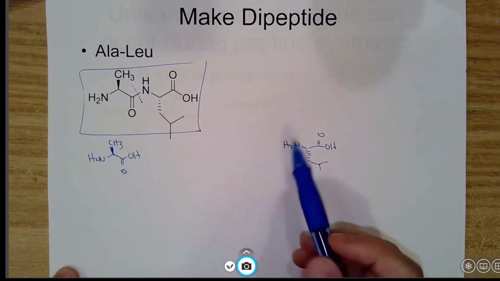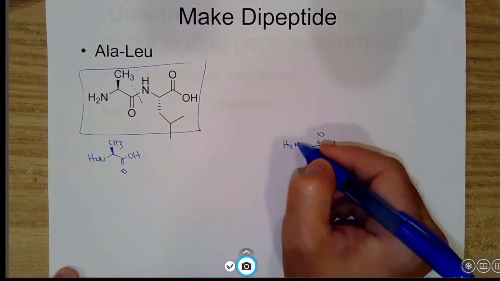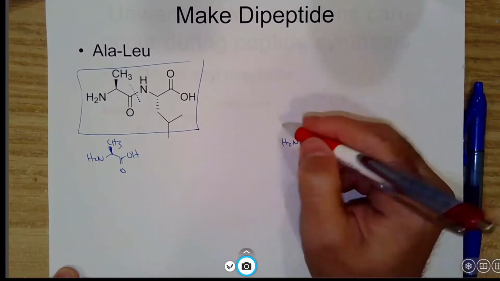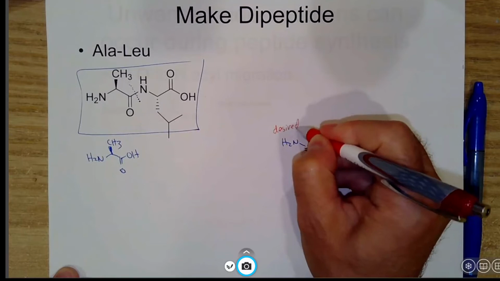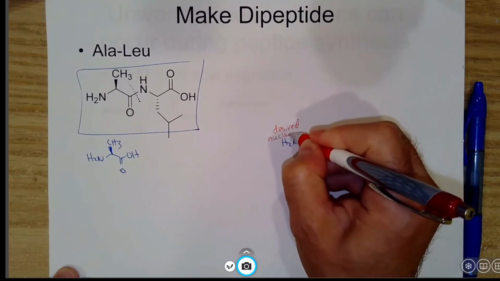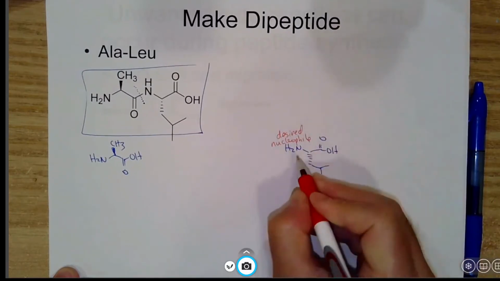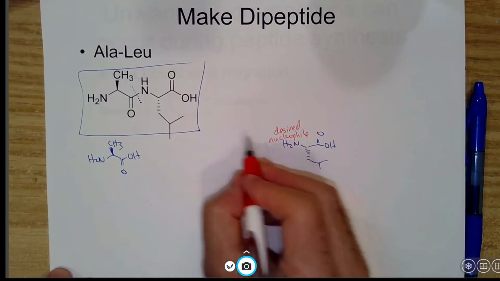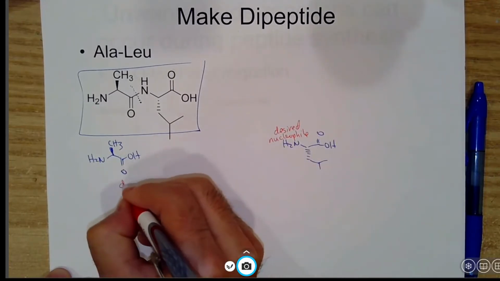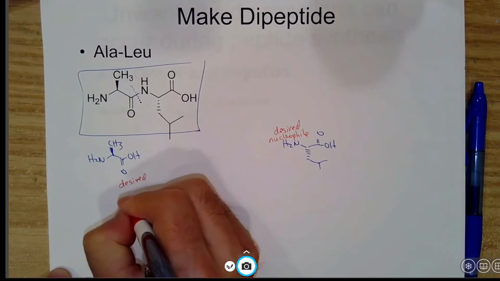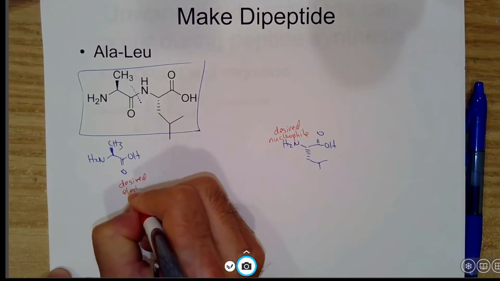So you can see here, let's start with the desired nucleophiles. So this nitrogen here wants to form the amide bond. So this is a desired nucleophile. And this needs to react here, and this is our desired electrophile. But as we know, this is a lousy electrophile.